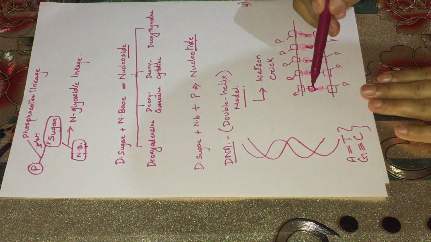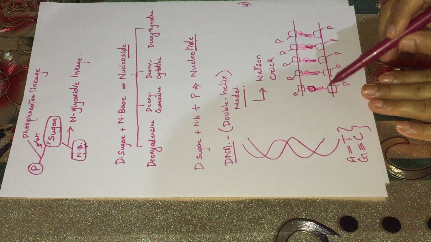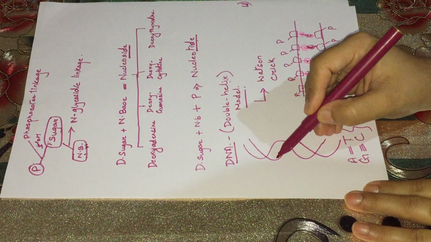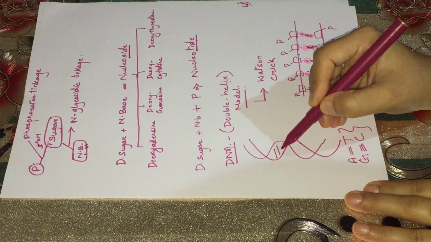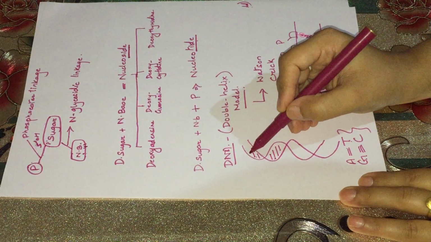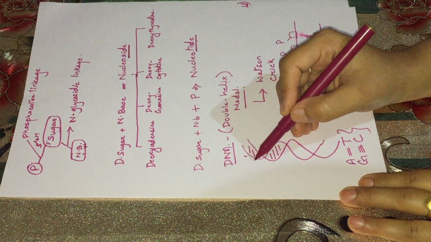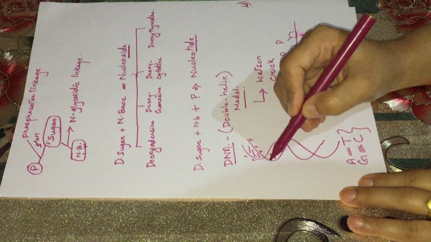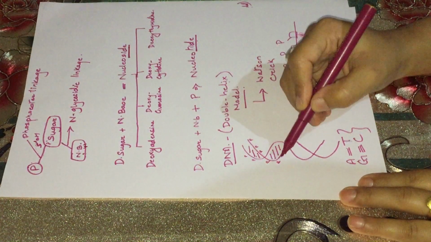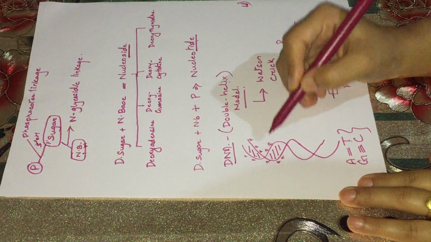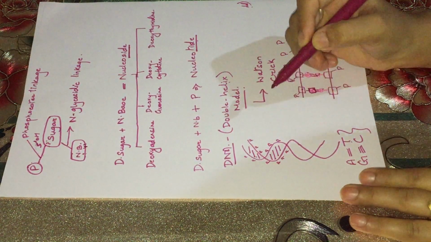And these adenine, guanine, these nitrogenous bases come inside for pairing, and the phosphate groups lie outside, towards the back, like this.